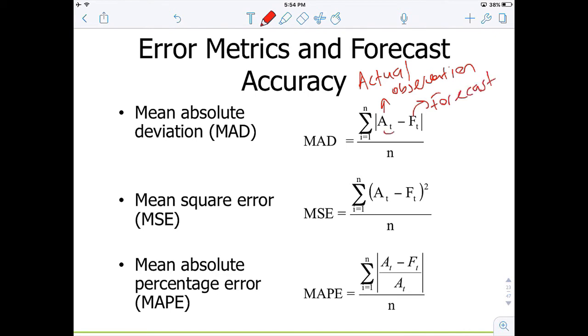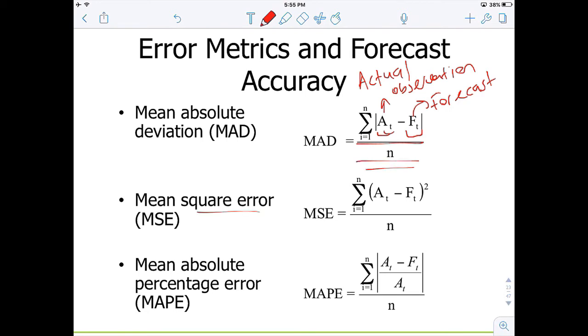So here the index shows which time period. It is T, right? Our actual observation on time period T, and FT is our forecast for time period T. So what we do is in absolute value, we take the difference, we add them up, and we divide it by n, or we just take the average, right?